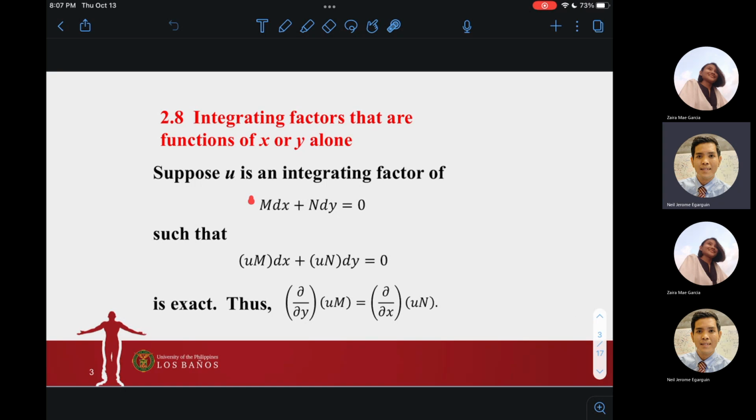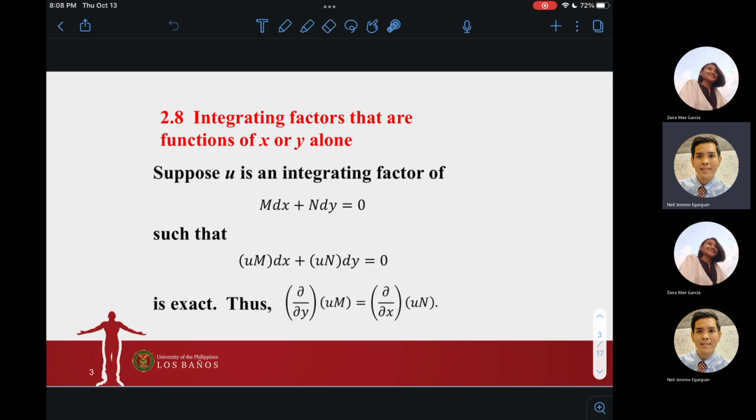But again, we start with a given ODE. So given tayo ng M(x,y) dx plus N dy equals 0. And then you will try the previous techniques that we have learned. Ano? So pwede nyo i-check kung exact ba to. Recall, magiging exact siya kapag ka yung partial ni M with respect to y ay equals sa partial ni N with respect to x. Right?